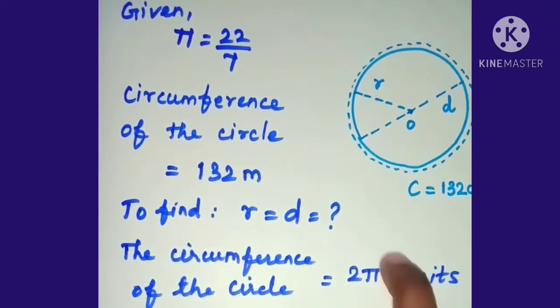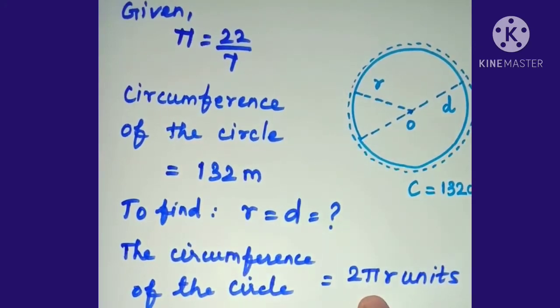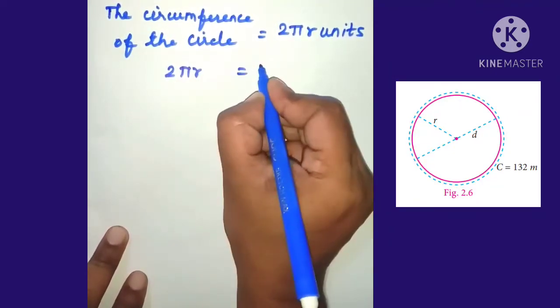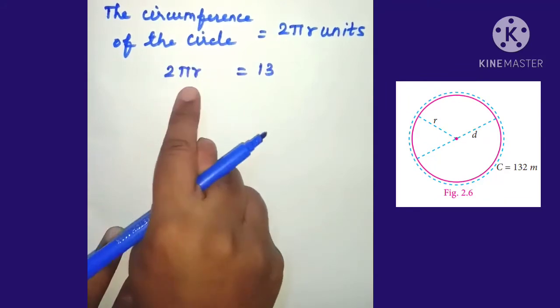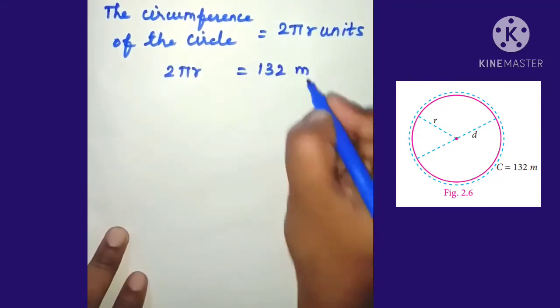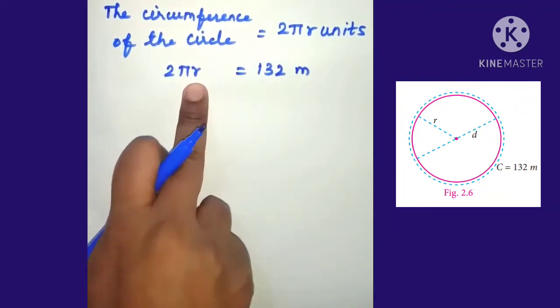So we have to equate this value to the given value 132. The circumference of the circle is equal to 2 pi r is equal to, which is nothing but 132 meter, which is given in the problem itself. So now by using this equation we have to find the value of r.